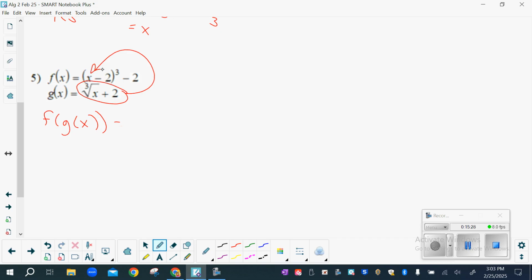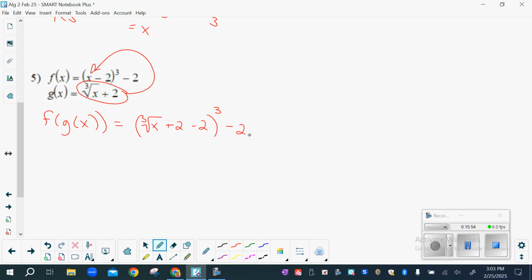So then inside here, that f is now going to be the cube root of x plus 2. All I did was replace this x with this. Then I have to minus a 2, cube it, and then minus 2. Again, I replaced this x with this here, and I go inside out.